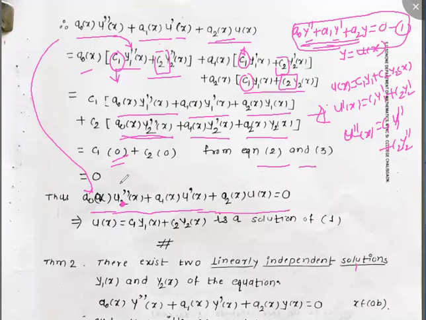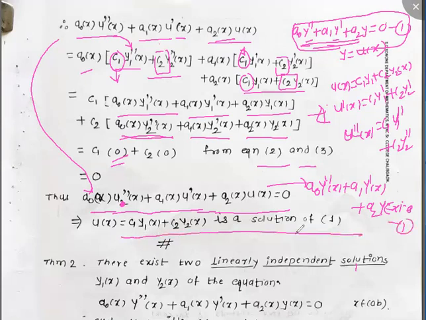That means u(x) satisfies the linear differential equation 1, a0(x) y''(x) + a1(x) y'(x) + a2(x) y(x) = 0. So u(x) satisfies this differential equation, and therefore it is a solution of equation 1.